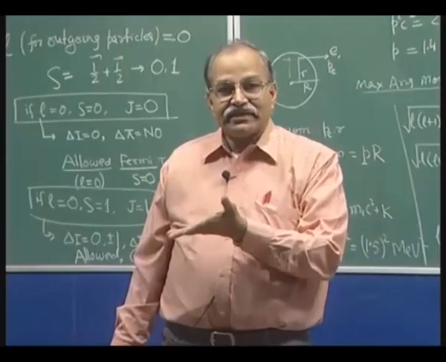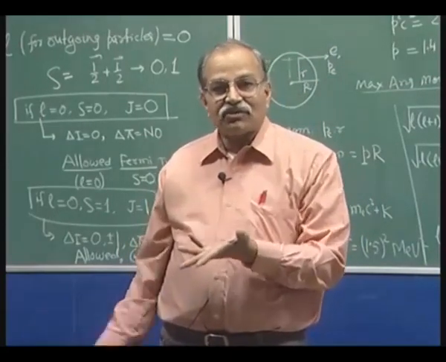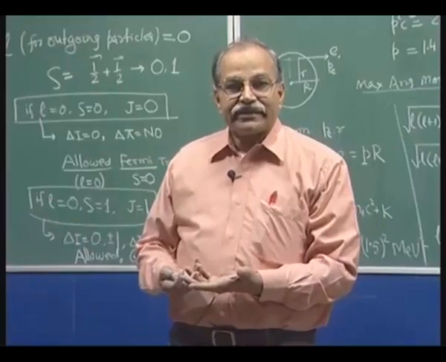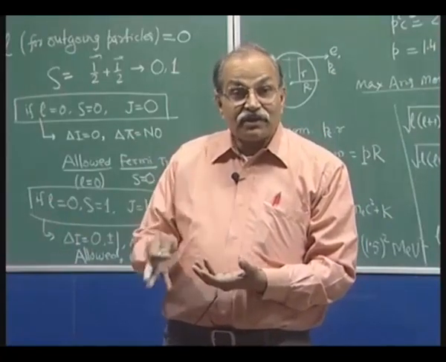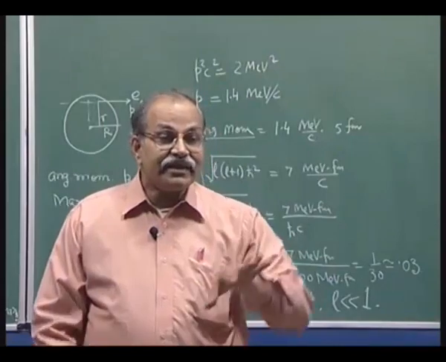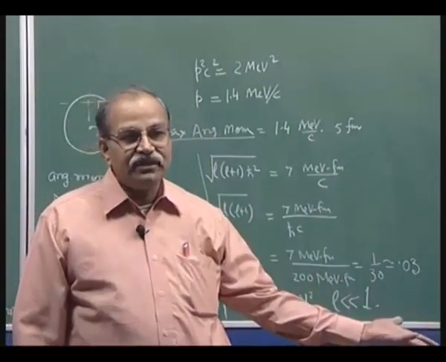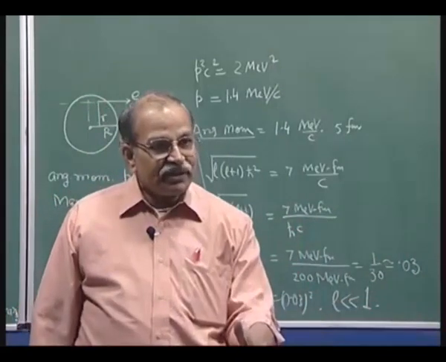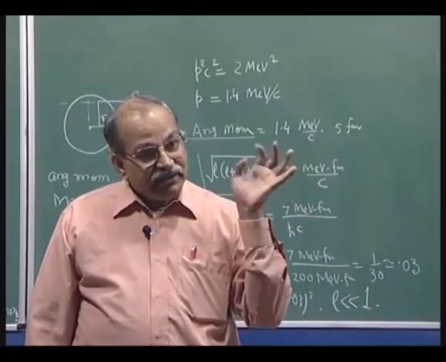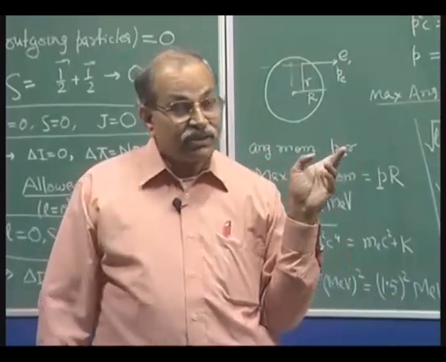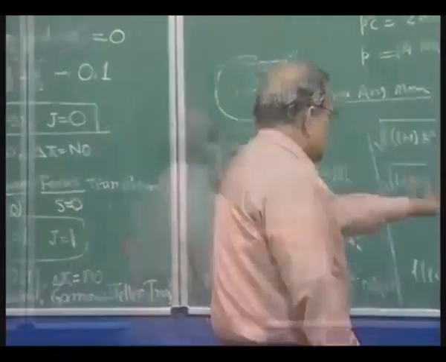If the parity changes, you cannot have this L equal to 0 transition. This is actually not allowed. So, in that case, whatever small probability there is for higher L values will come into the picture, and the beta decay will take place through those mechanisms.